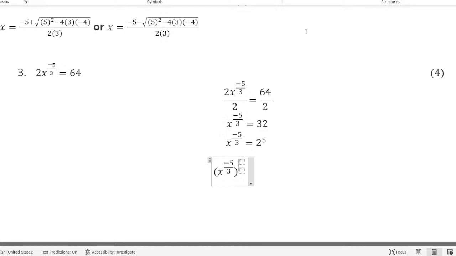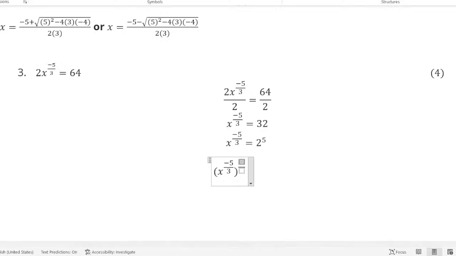The reciprocal of the exponent is going to be 3 multiplied by 3 over negative 5. So I'm multiplying by the reciprocal of the exponent, 3 over negative 5. Remember, whatever you do on the left hand side, you must also do on the right hand side, so that you don't alter the original equation.